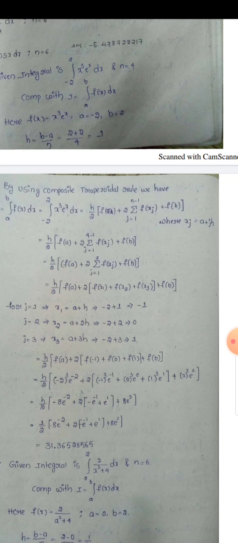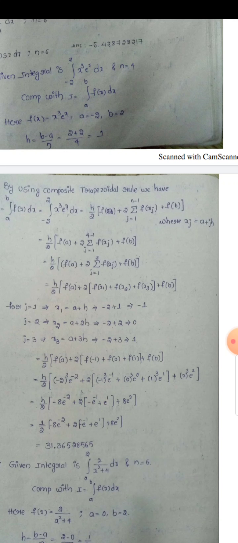equals h by 2 into [minus 2 power 3 e power minus 2 plus 2 into (minus 1 power 3 e power minus 1 plus 0 power 3 e power 0 plus 1 power 3 e power 1) plus 2 power 3 e power 2], equals h by 2 into [minus 8 e power minus 2 plus 2 into (minus e power minus 1 plus e power 1) plus 8 e square].